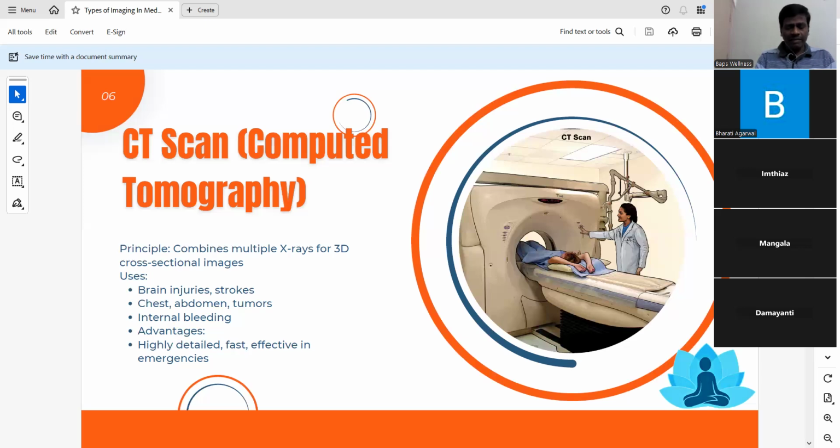Here, unlike the X-rays, it can detect soft tissues and bone abnormalities also. The limitation related to this CT scan is high radiation exposure. And the cost-wise is also more, not like X-ray.